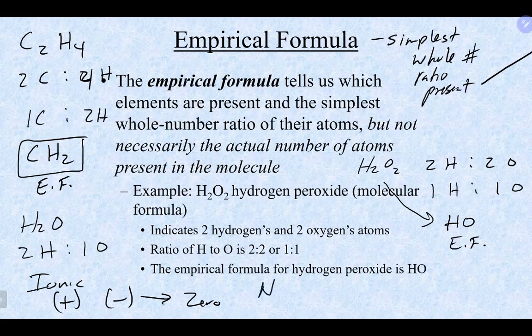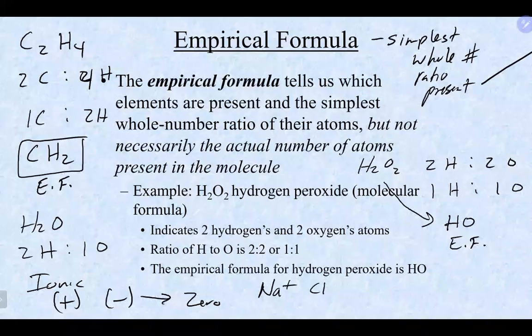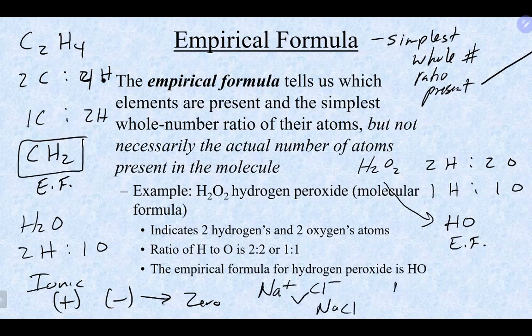When we put sodium and chloride together, we just need one of each. That is why the correct formula is NaCl and not Na2Cl2, even though it's balanced. That needs to be reduced down by 2 to the proper empirical formula. So with the charges totaling 0, all ionic compounds are always empirical formulas.